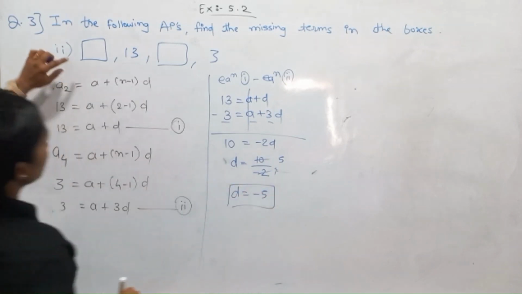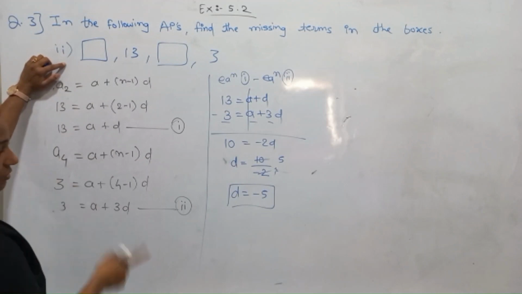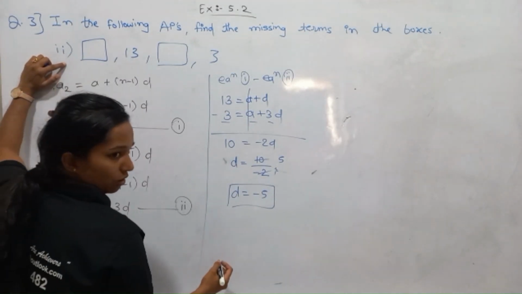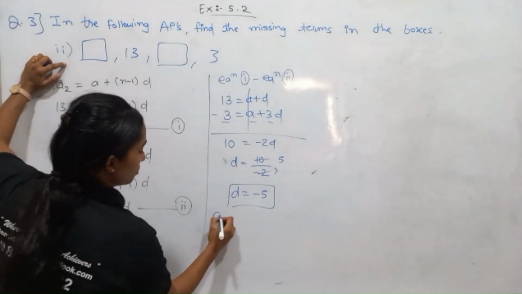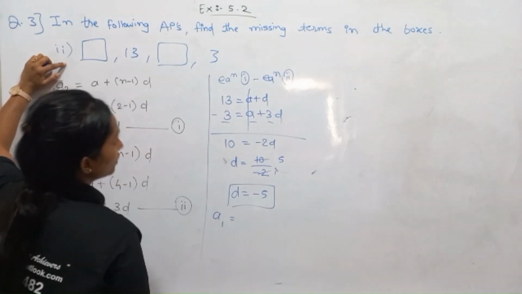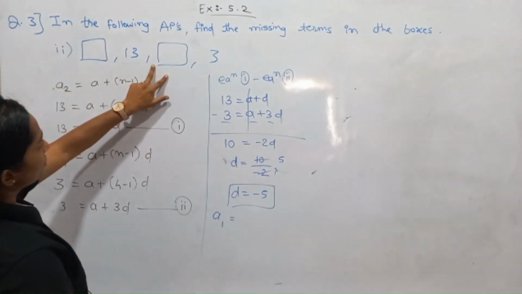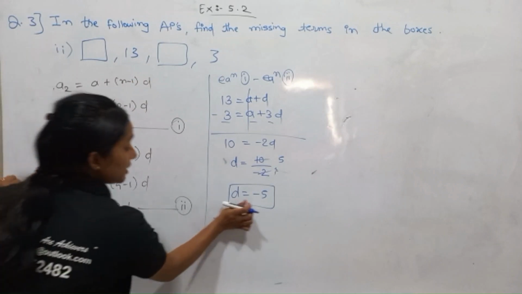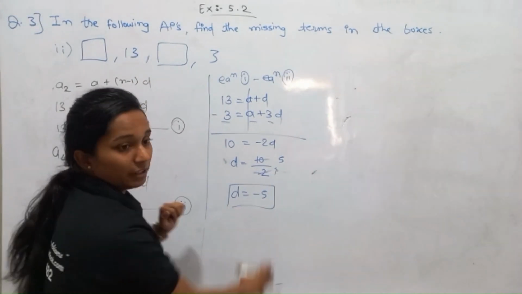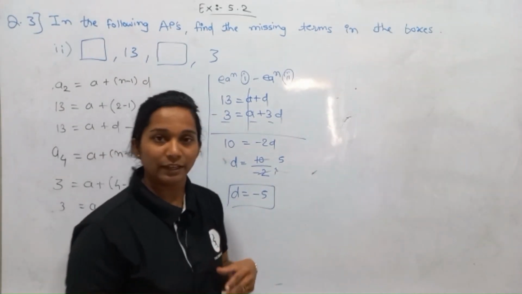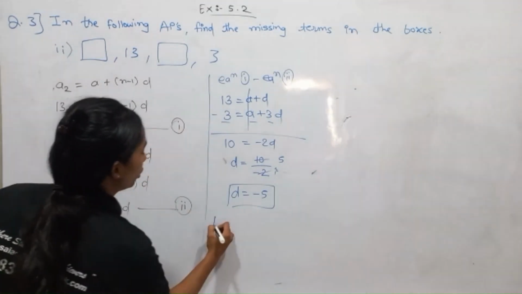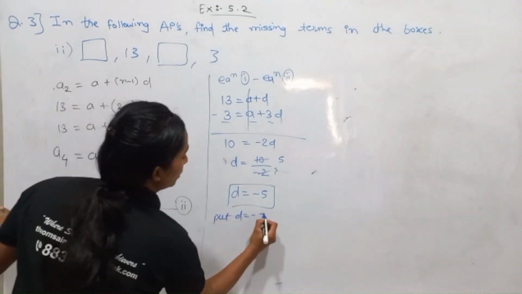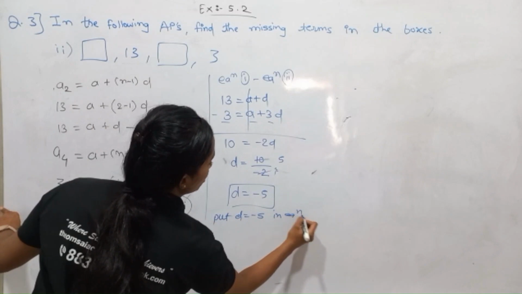Okay, so as I got the common difference as minus 5, now I am going to find the term A first. If I substitute my d value in any equation, I will definitely get A. So put d equal to minus 5 in equation number 1.